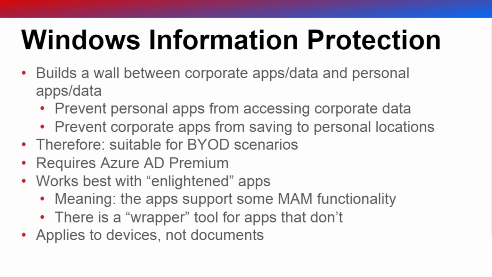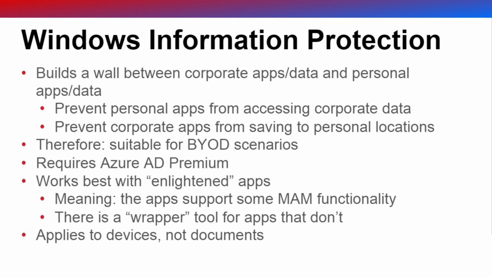Okay, so Windows Information Protection. This is kind of the app protection policies for Windows. It builds a wall between corporate apps and data and personal apps and data. So this is suitable for BYOD scenarios where people are using their own devices. We can prevent personal apps from accessing corporate data, and we can prevent corporate apps from saving data to personal locations. If you want to use this, you've got to have a subscription to Azure AD Premium.